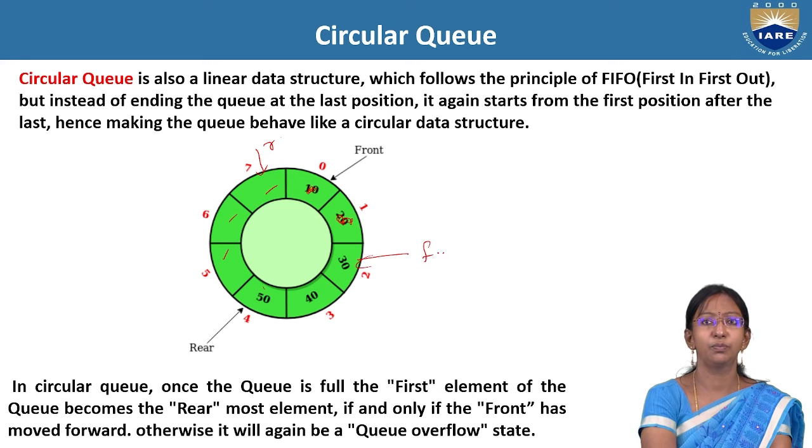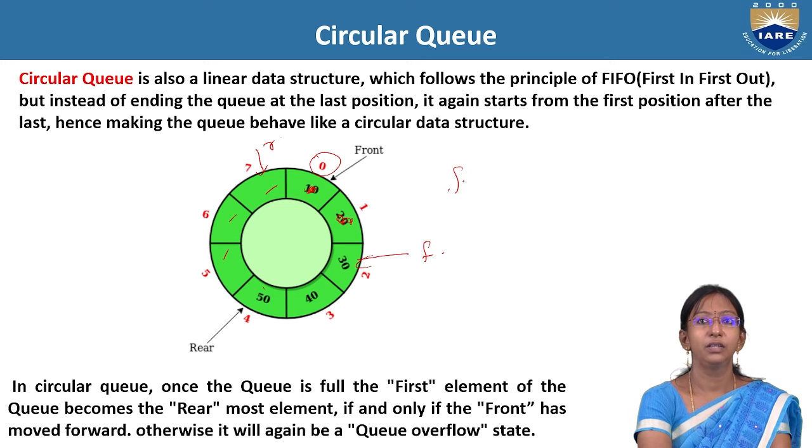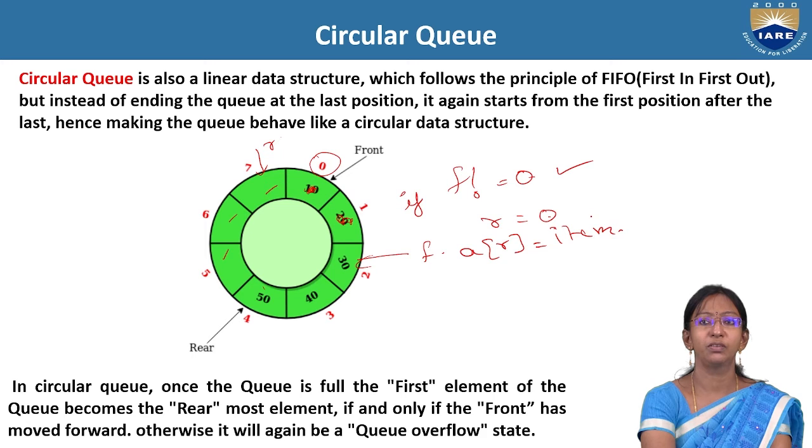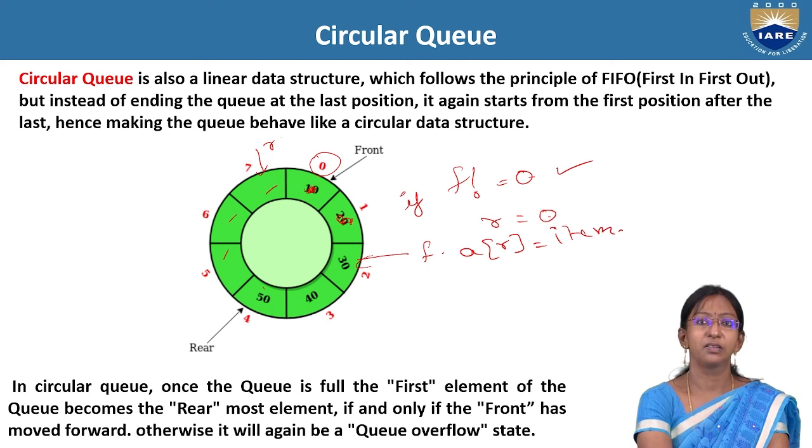Now your front is pointing to index 2. If you try to insert, it will check whether the 0th index is empty or not. How? Check f is not equal to 0. If this condition is true, then make r point to 0 and insert the element. Okay, very simple. A of r is equal to the item which you want to insert. A simple piece of code.